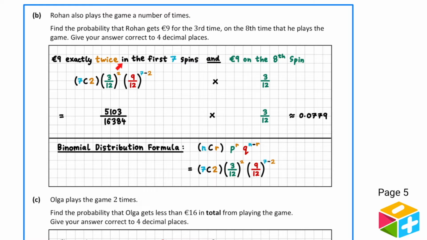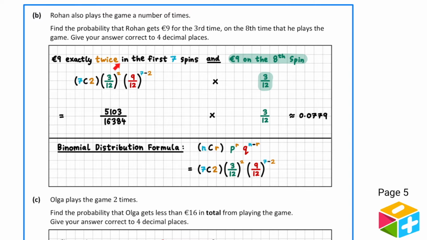Rowan must win €9 exactly twice in the first 7 spins, and then win €9 on the 8th spin. On the previous page, we showed that there was a 3 out of 12 chance of winning €9 on any individual spin. So the probability of getting €9 on the 8th spin would be 3 over 12.